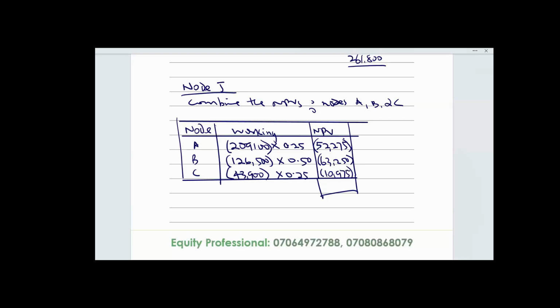Let's add it up. That's 126,500. Thank you. Negative. So that is node J.